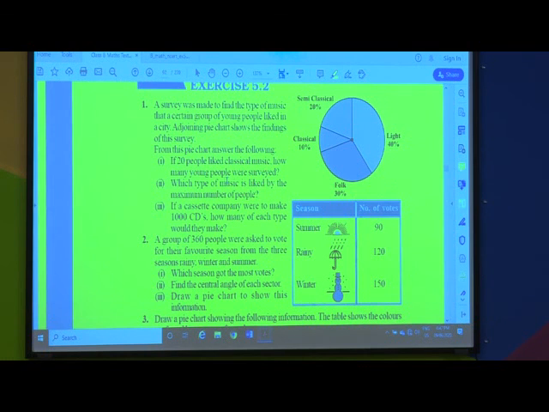The second question is directly from the pie chart itself. Which type of music is liked by the maximum number of people? Looking at the percentage, we can understand it. That is light music. Now, for this calculation, you try to find out: if 10% means 20 people, then 100% means how many people?